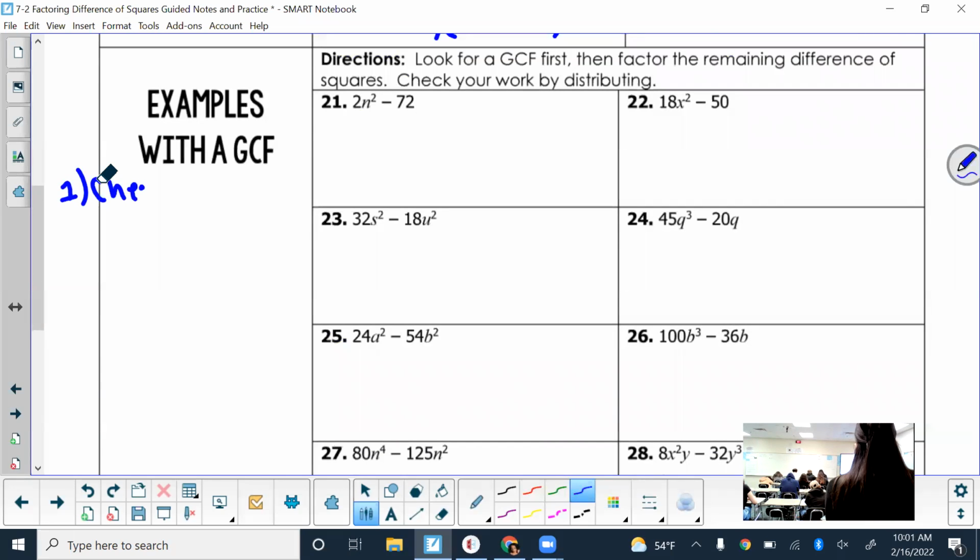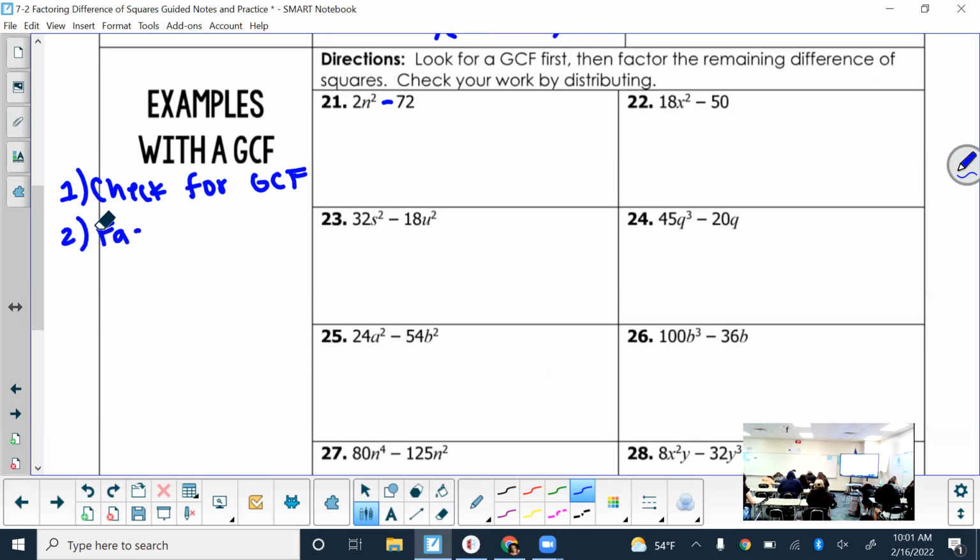Because if you just jumped into seeing if it's a difference of squares, then you might say this example is prime when it's not. You can factor out a GCF, so it's not prime. So step one would be to check for a GCF. Step two would be to factor out the GCF.